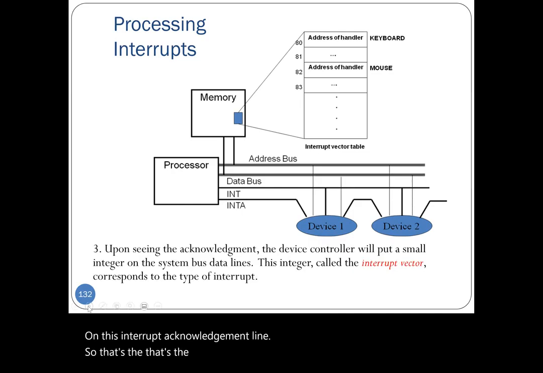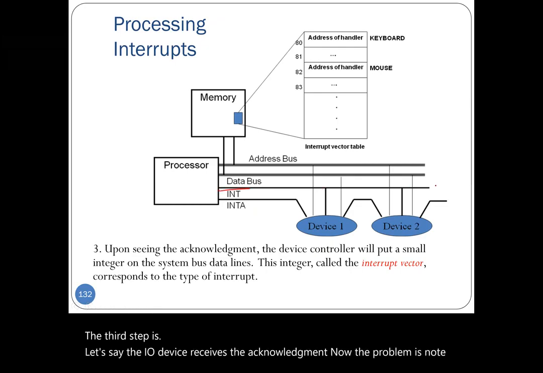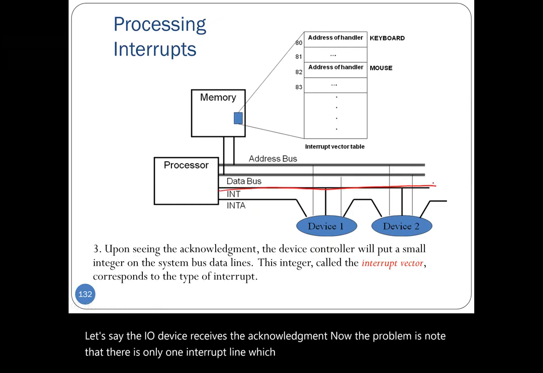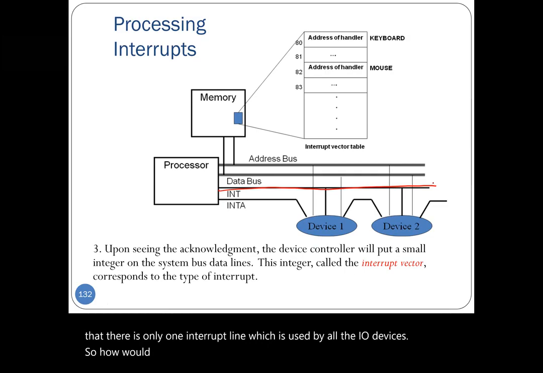The third step is, let's say the IO device receives the acknowledgement. Now the problem is, note that there is only one interrupt line which is used by all the IO devices. So how would the CPU know which of these several IO devices interrupted?